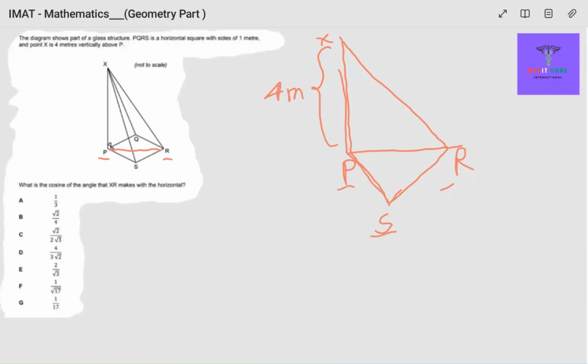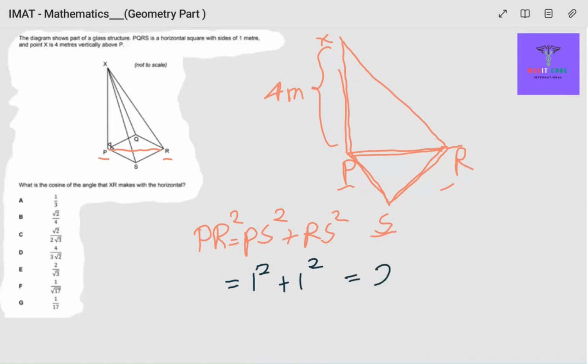Now we can use the Pythagoras formula, like PR square equal to PS square plus RS square. Now we know each side is 1 meter, so we are just gonna put the value 1 square plus 1 square, which should be 2. So PR would be root over 2.